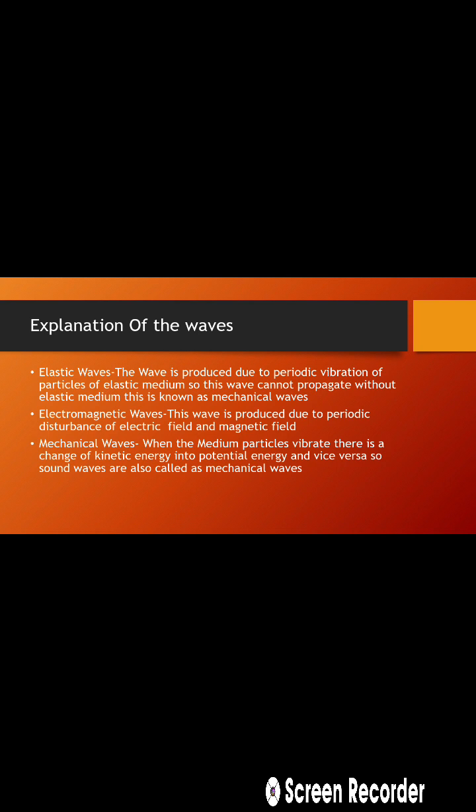So when the compression and rarefaction go periodic with the flow of the current and the magnetic field, then it is called an electromagnetic wave. Mechanical waves and elastic waves are the same thing. Let's go to the next slide.